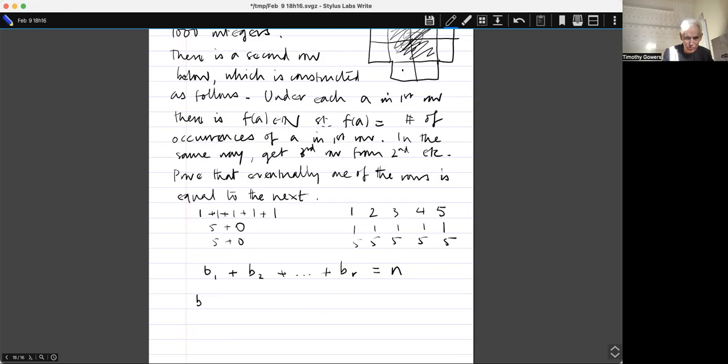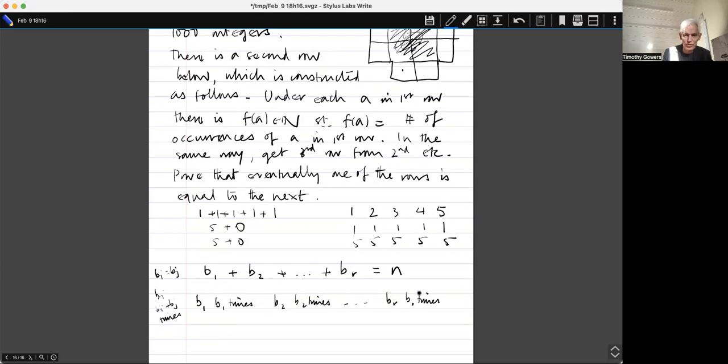I haven't got a very good notation for that. So B1 times, B2 times, BR times. But if BI equals BJ, then in fact I've got BI plus BJ times.